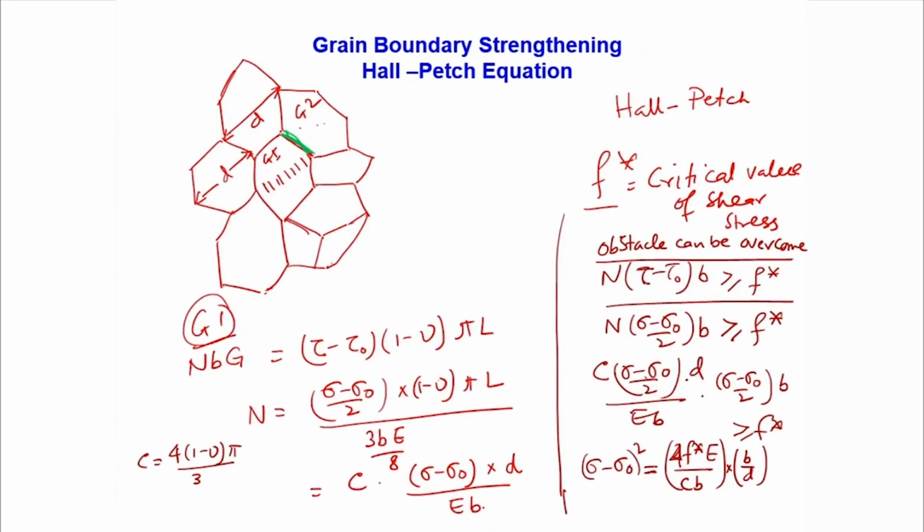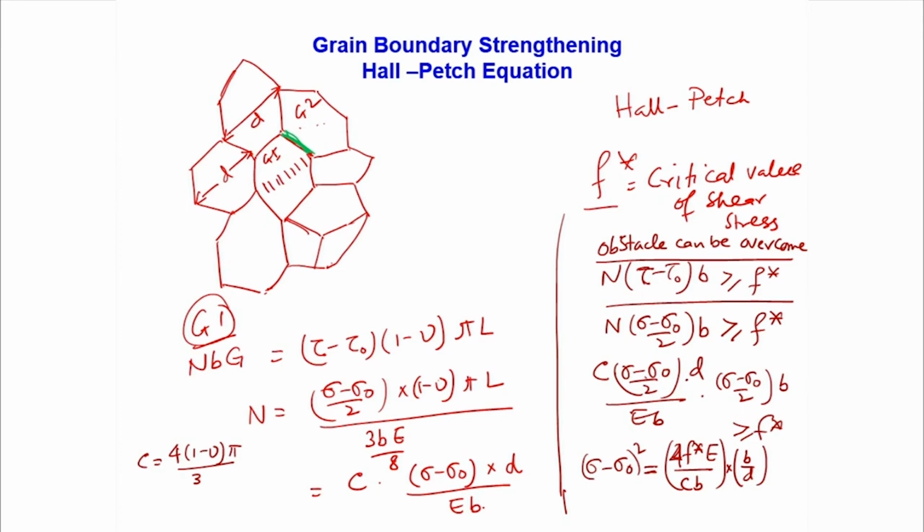Then I discussed the Hall-Petch equation, which I will not go back to again, only to tell you that the way we can think mathematically is this: the grain boundary acts as a barrier to dislocation motion. So we can think of the barrier as having a certain strength, F star, which is the critical strength required to be crossed over.